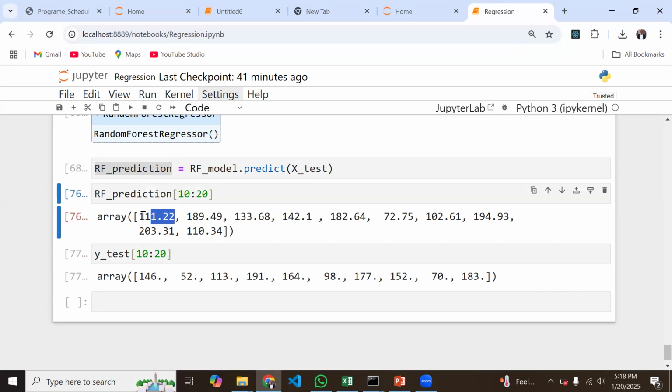Okay, so this one was 111. The actual was this. This one too is quite huge, the difference. Let's see if we can spot some few close ones. I think this one probably might be the closest, 133 to 113.